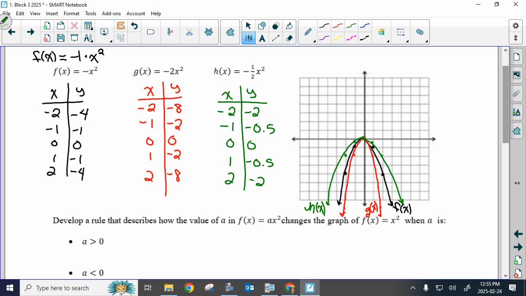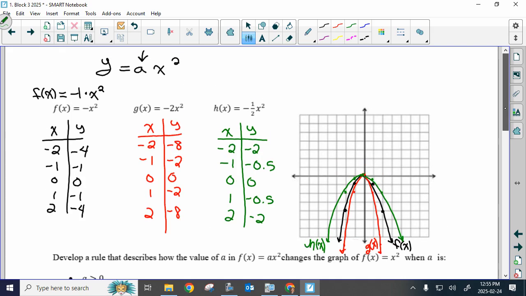Guys, what does the negative sign of the A value do? Tell me what the A value did when it's negative. The A value is the number that's attached to the front of the x squared. So we're exploring different A values attached to the front of the x squared. What happened when the A value was negative? Yes, so basically your parabola went from opening up to opening down.